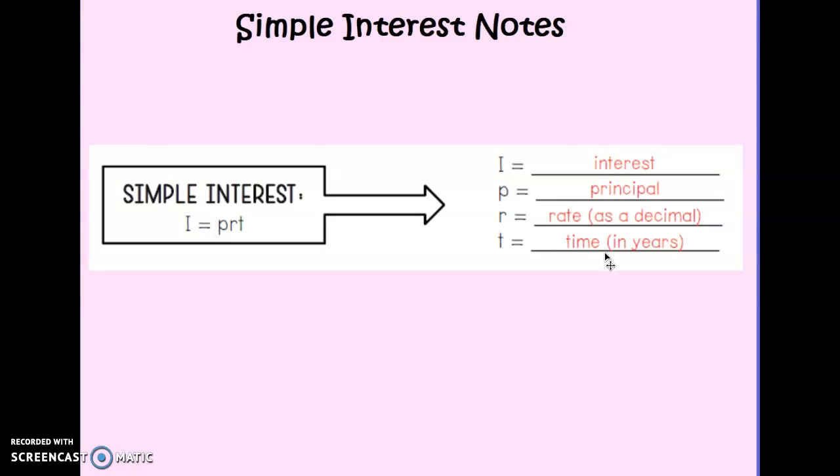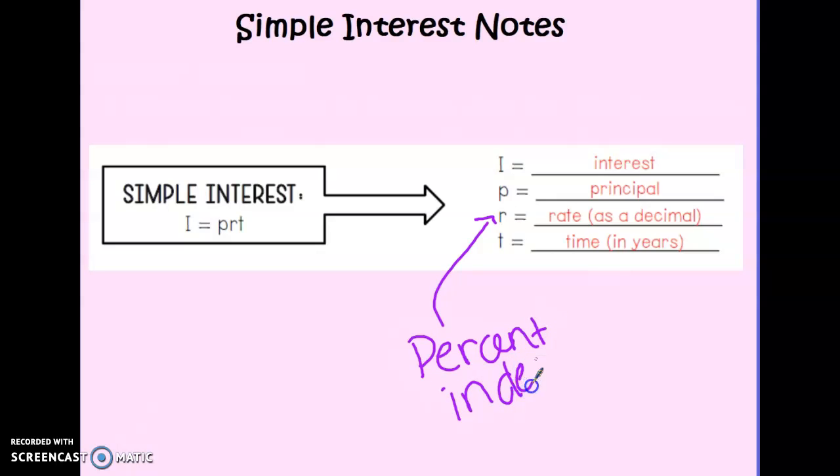Rate is our percent as a decimal, so it has to be in decimal format. And then T, time, which is always in years. So our interest is equal to principal times rate times time in years.